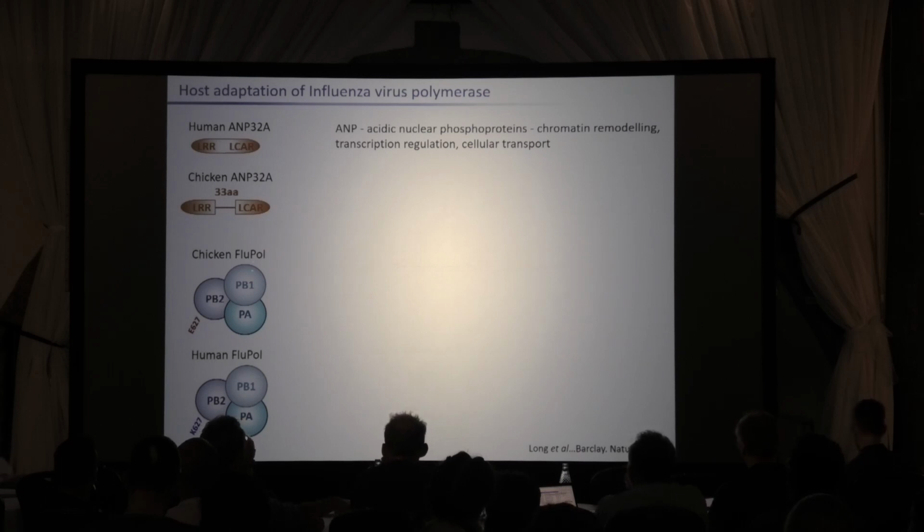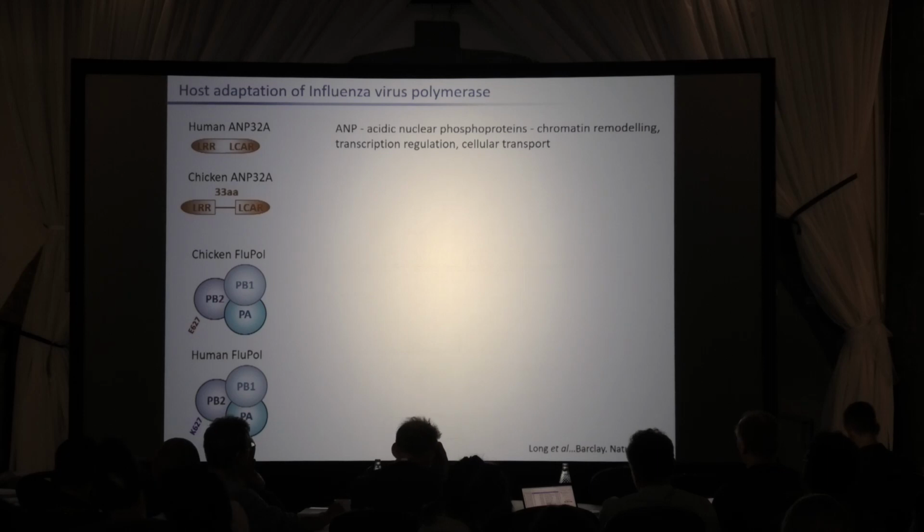The interesting part of this was that, I didn't mention, flu viruses are avian viruses, and you get specific adaptation mutations which allow them to become human. A key mutation is this glutamate 627, which is on the PB2 subunit. In human polymerases, this is always either a K or an arginine.